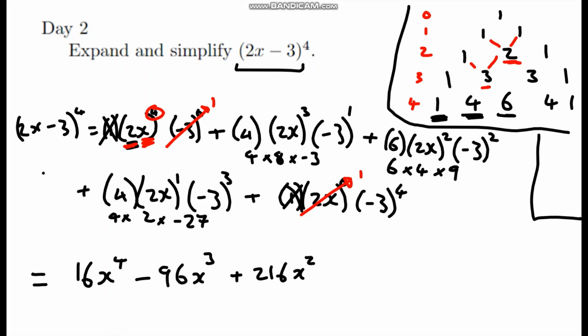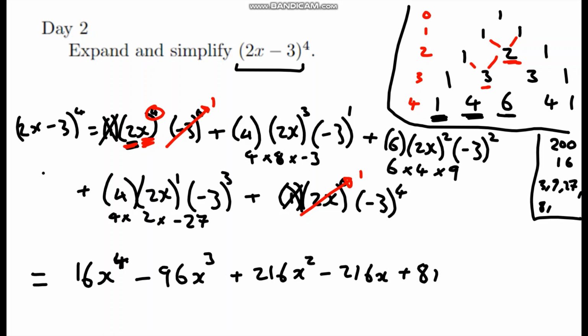So 4 times 50, which will give us 200. 4 times 4, which is 16, put those all together, so negative 216. And that is x to the power of 1. And our final term is going to be negative 3 to the power of 4. So we're going to have 3, 9, 27, 81. So it's going to be plus 81.